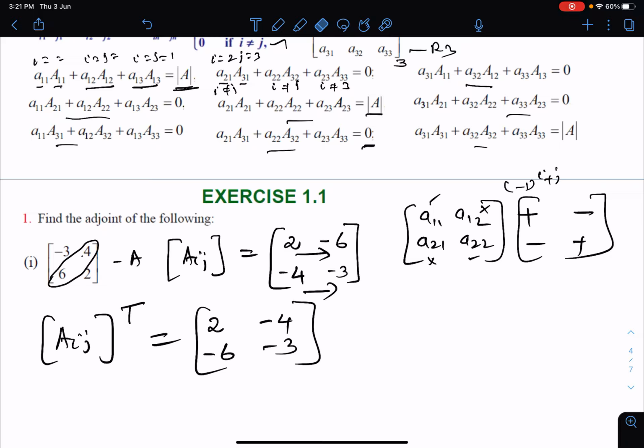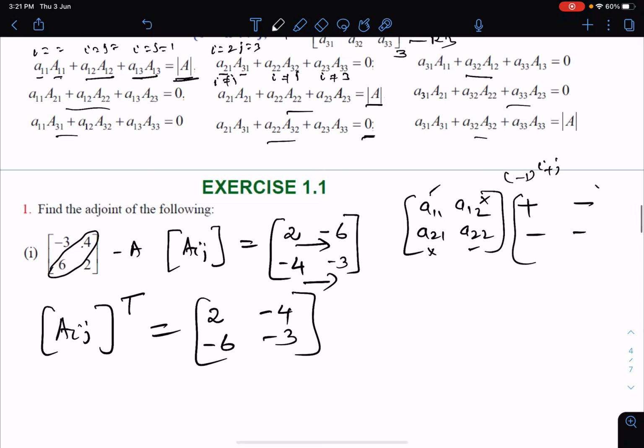Your sign convention for 2 cross 2 is always plus minus, minus plus, because here it is even, here odd, odd, even. So this is the easiest way, directly writing it: just interchange your main diagonal and change the sign for the other diagonal. Okay, thank you.